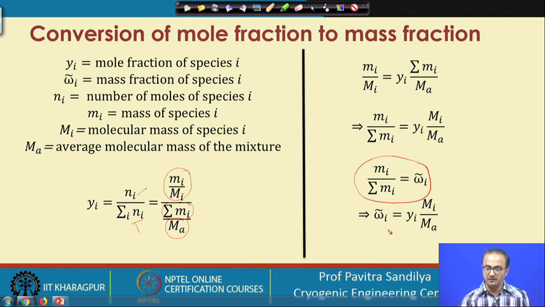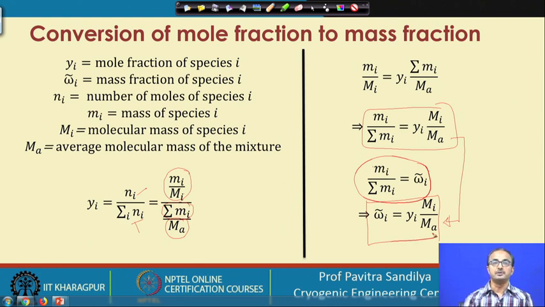With this definition we put it back into this equation and we get this particular equation. So, this equation gives us the relationship between the mass fraction and the mole fraction.